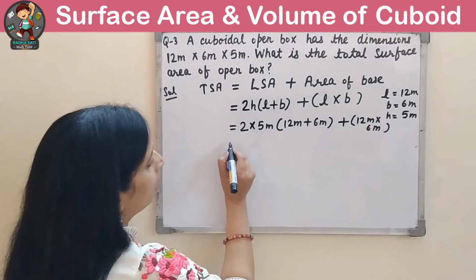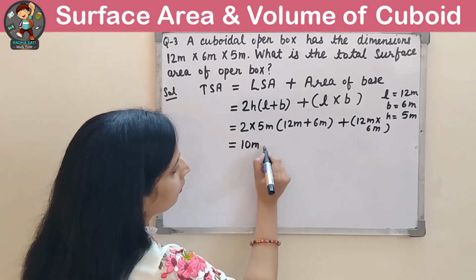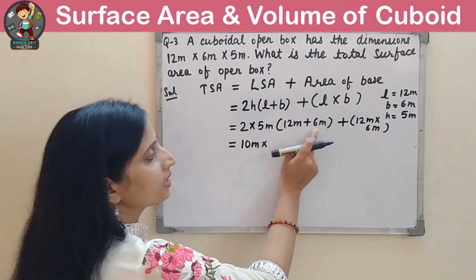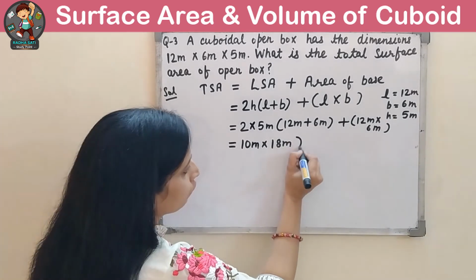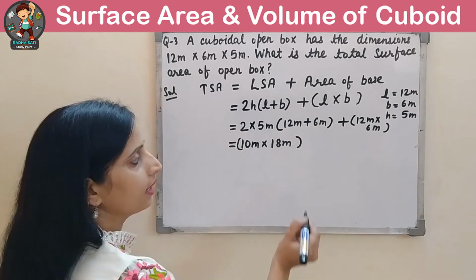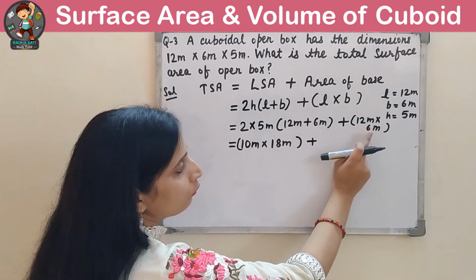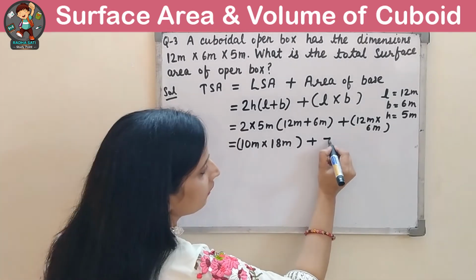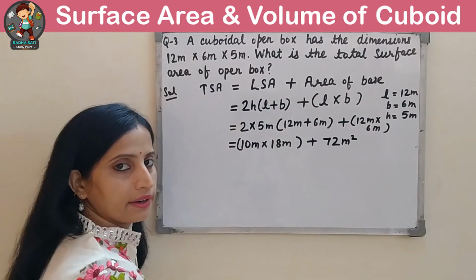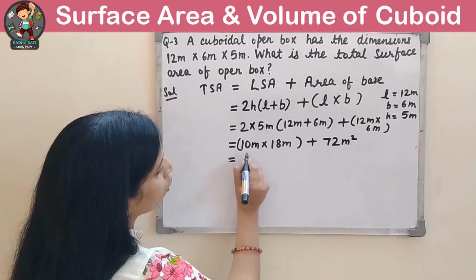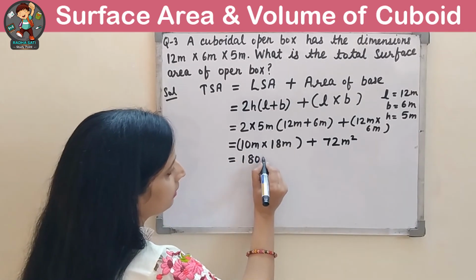Okay. Now solve this. 2 fives are 10. 10 meter multiplied by 12 plus 6, 18 meter. So this will be our LSA plus the area of the base will be 12 multiplied by 6. 12 sixes are 72 meter square. Now multiply these two. 10 times 18 is 180. It's very easy.